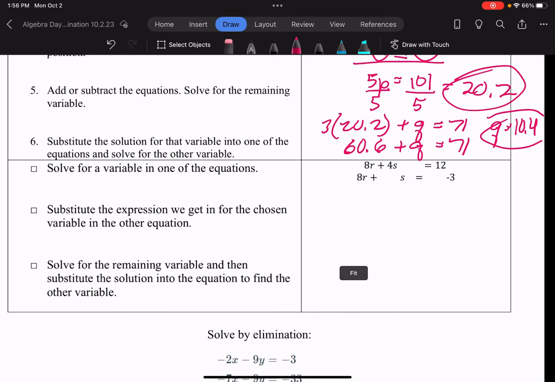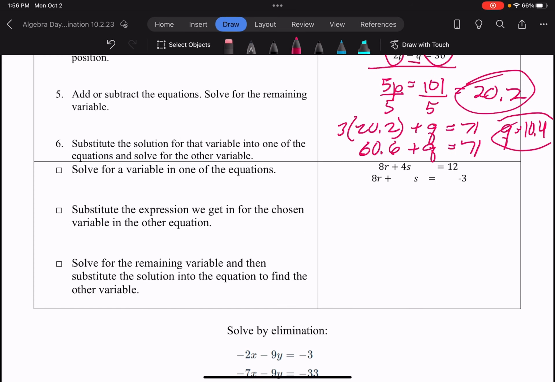Okay? Now, for this next one, you have something with the same coefficient here. Our r has the same coefficient, but they're not opposite. We need one of them to be a negative. So I'm going to, again, multiply this whole thing by -1, and I'm going to get negative 8r minus 4s equals negative 12.